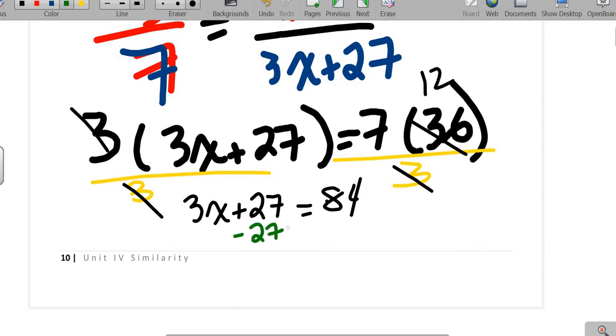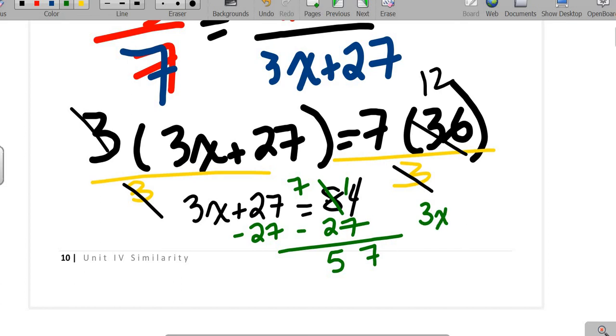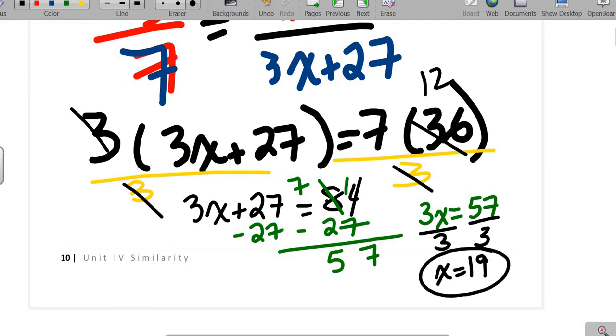Minus 27, so I have 3x equals 57. I divide by 3 and I get x equals 19.